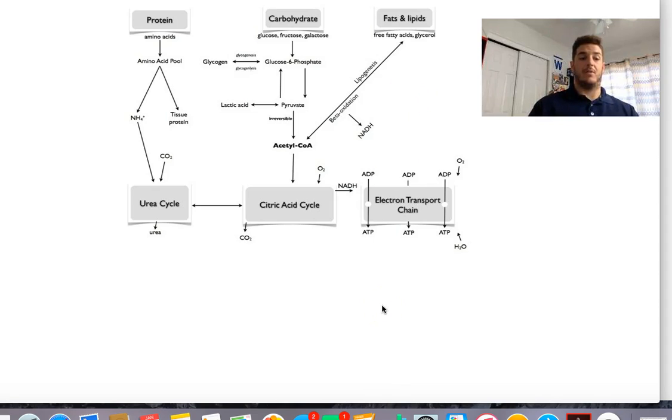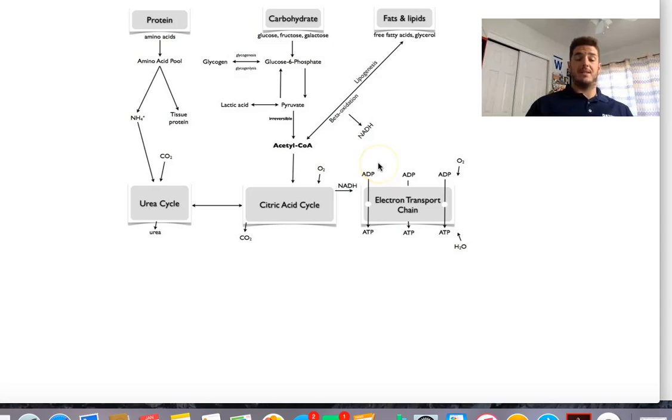Then we have 147 ATP per fatty acid times 3 of those fatty acids equals 441, giving us a total ATP production of 460. So there we have it. We have 460 total ATP production for fats.